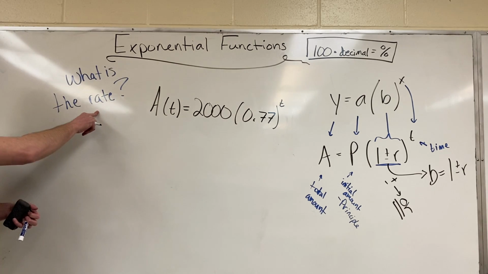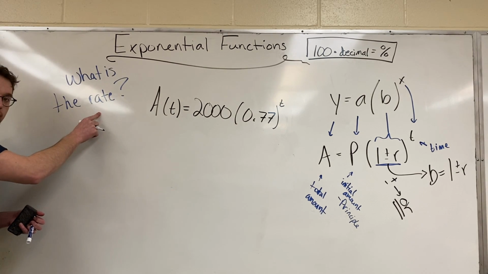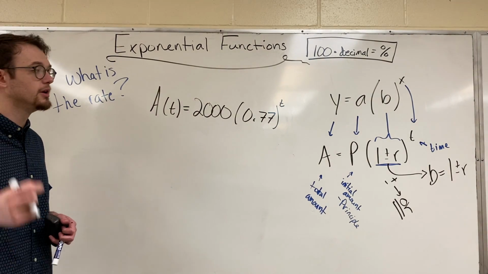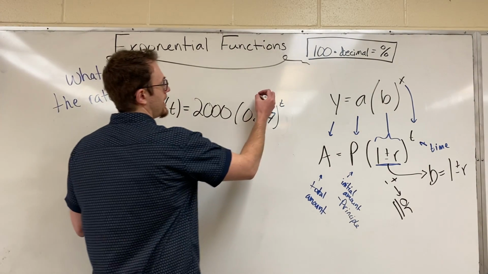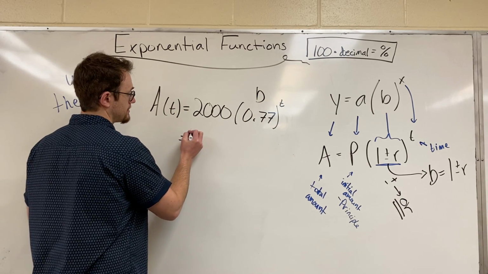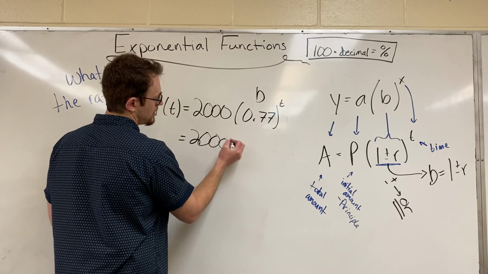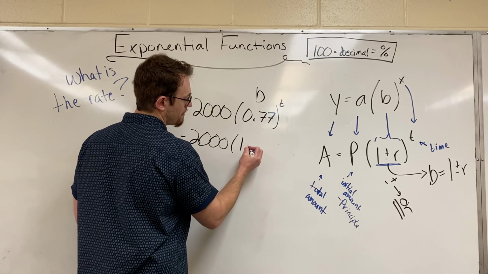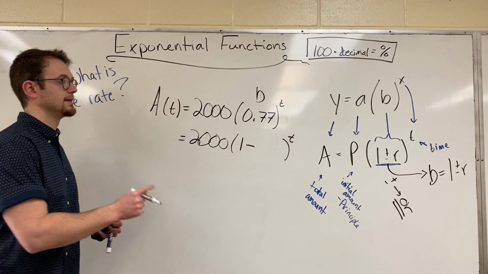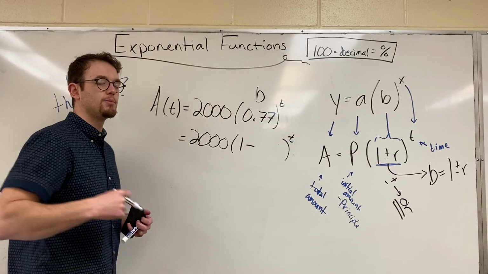But I don't want the decay factor. Again, I don't want the factor right now. I want to know what the rate is. So I need to change this factor to a rate. So I have B right now. I need to find R. So 2,000 times 1 minus, all right, because it's less than 1, I need to subtract off. I am decaying.